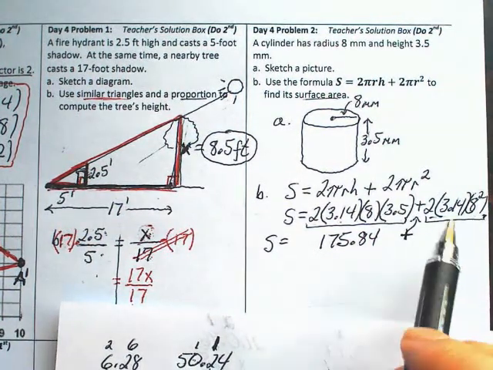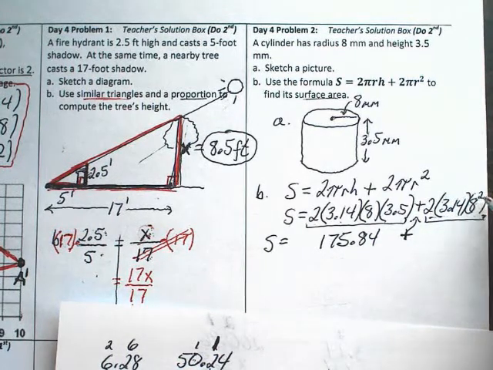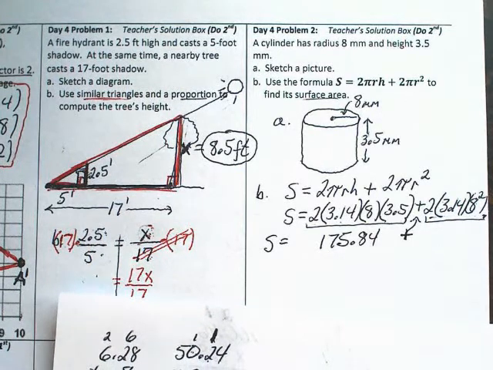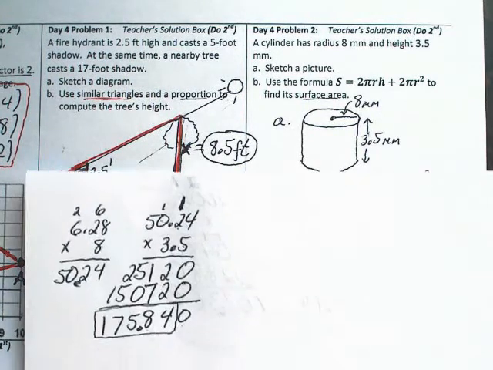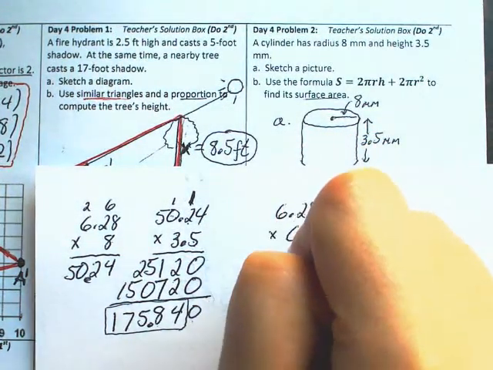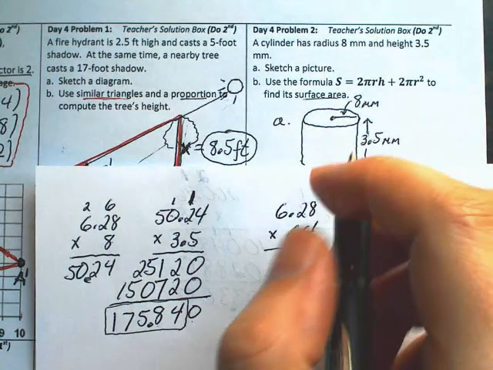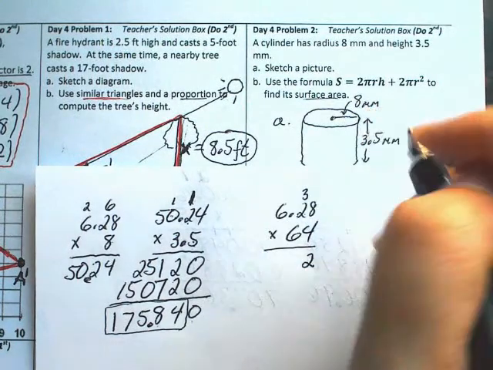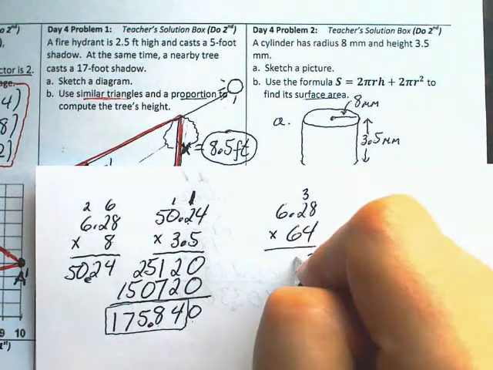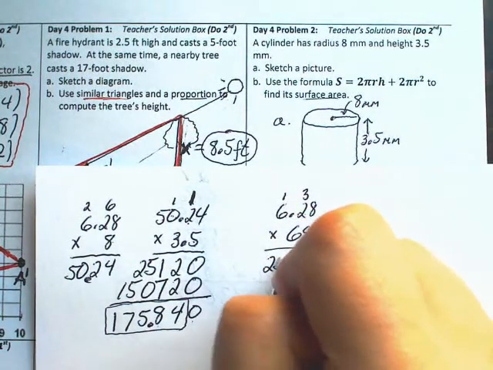Okay, now we have to add this expression. So let's do a little bit of work on this. Again, 2 times 3.14 makes 6.28, and 8 squared is 64. So on our scrap paper, let's figure out 6.28 times 64. 8 times 4 is 32, carry the 3. 2 times 4 is 8, plus 3 is 11, carry the 1. 6 times 4 is 24, and 1 is 25.